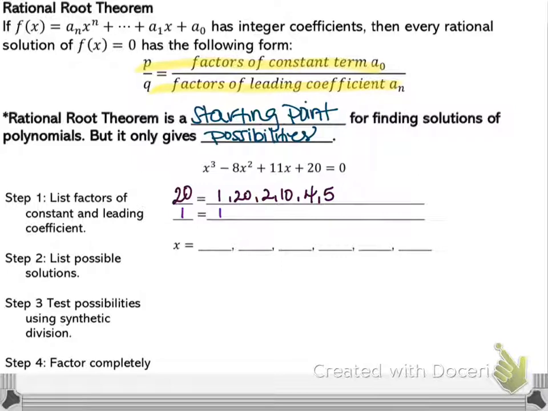And then step 2 is to list all those possibilities. And when you list the possibilities, you want to take the positive and the negative case. So this would be positive and negative 1 over 1, positive and negative 20 over 1, etc. And we're just going to keep going until all the factors of our constant have been used.